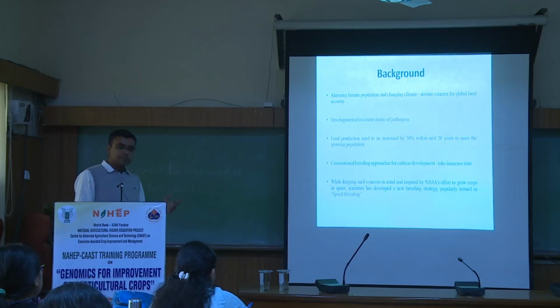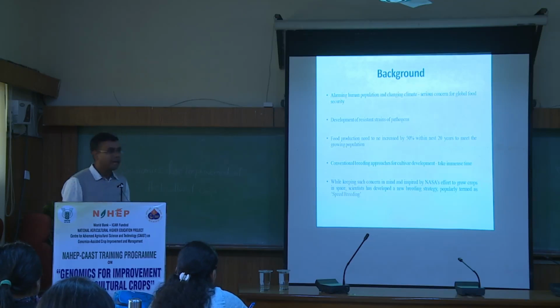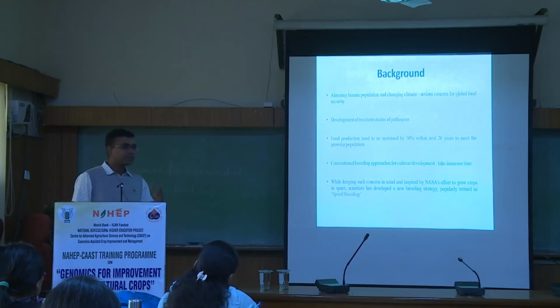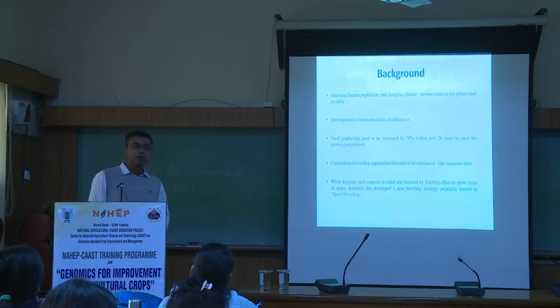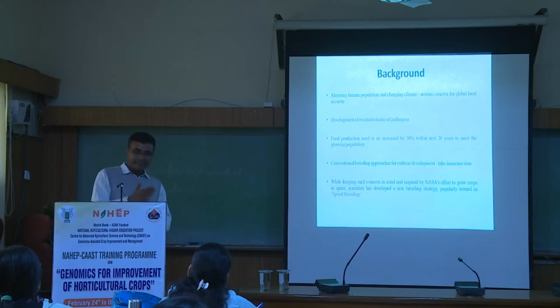Then why? Because all of us are aware that world population is growing very fast. Suppose a challenge comes today, some kind of breakout of a particular disease. That disease has to be controlled, and we have to have a product within a very short time.